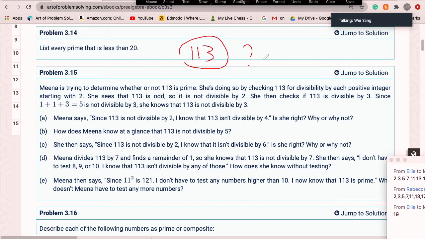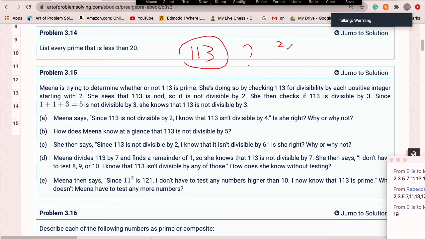So how do we check if a number is a prime number? This is the question, right? Is 113 a prime number? Now let's see how we can check. First, you know the smallest prime number is 2.